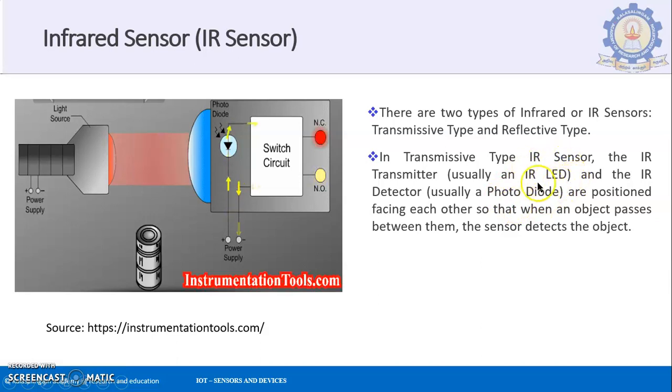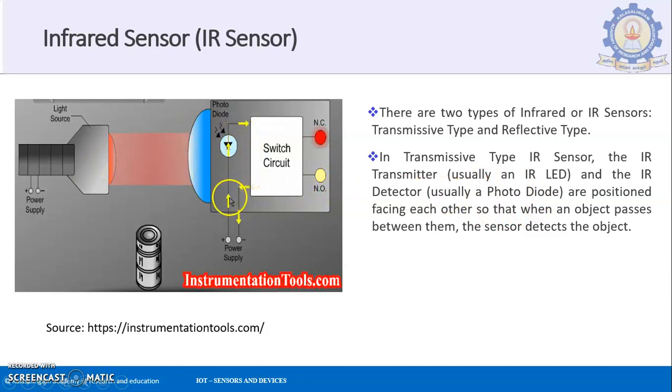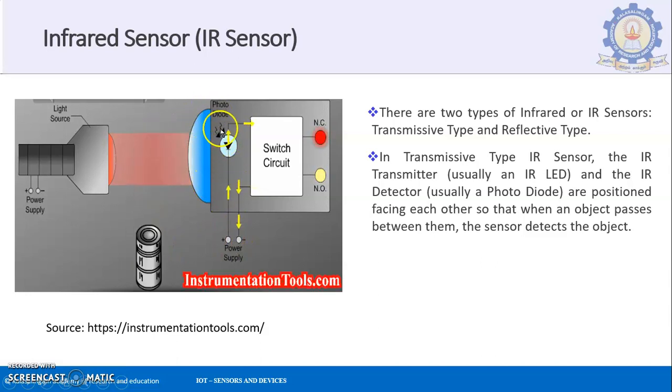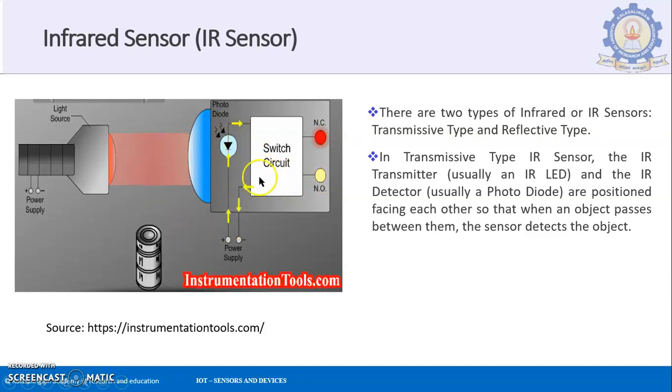So you know that the IR LED is generating heat, and the photodiode receives that signal. You see that when an object comes here, the photodiode does not get any signal, so no current is passing. You see here, it is broken, no connection. But when light is falling here, you can see the difference. This particular circuit is on, and due to this power supply, it is switching on the circuit.